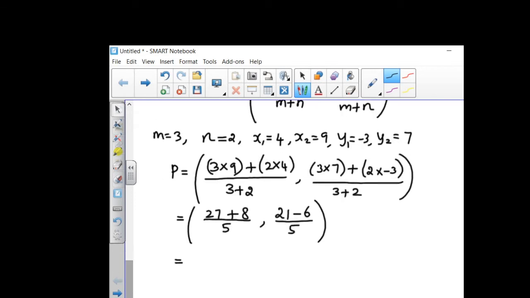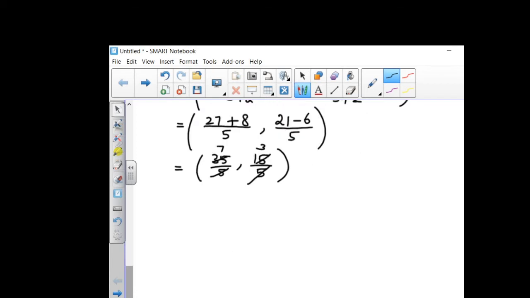That is equal to 27 plus 8, 35. 35 divided by 5, comma, 21 minus 6, you will get 15. 15 by 5, if you cancel, you will get 3. Here you will get 7. Therefore, the point P of x, y is equal to 7, 3. This is your answer.